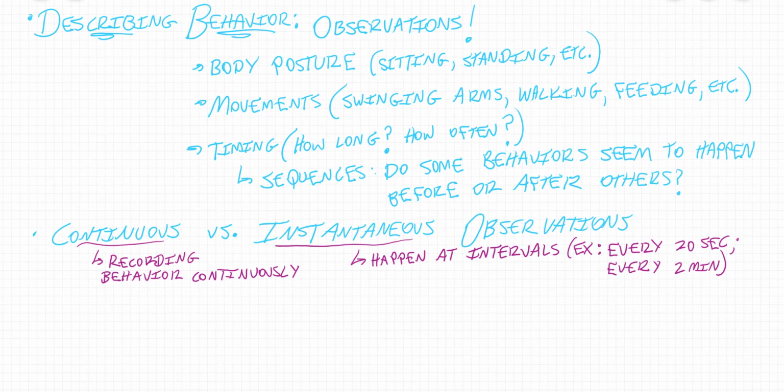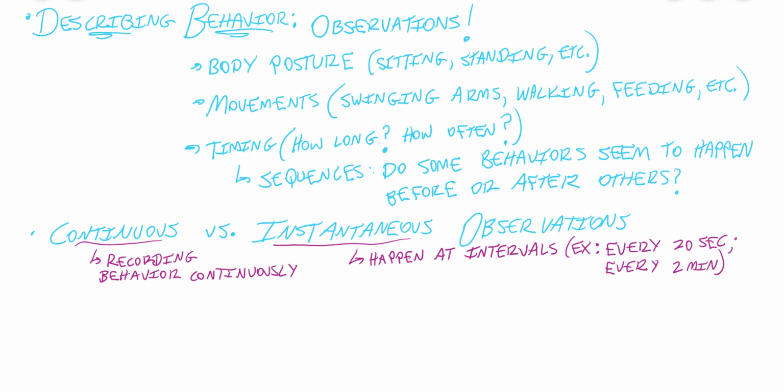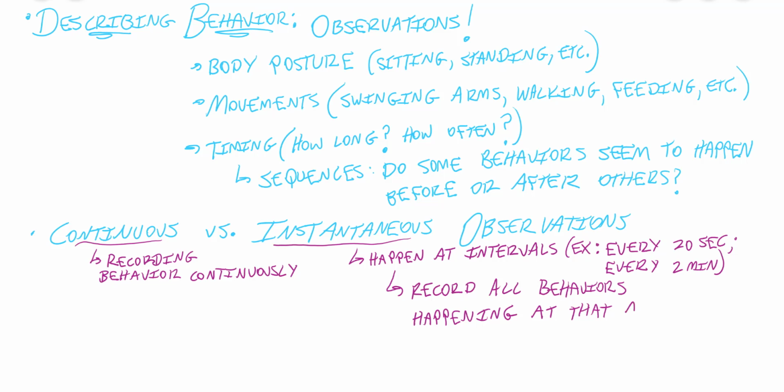The main idea here is that at these time intervals, you record all behaviors happening at that moment. This is sort of like taking a photograph every 20 seconds and then going back through those photographs and recording all the behaviors that you see in the picture.